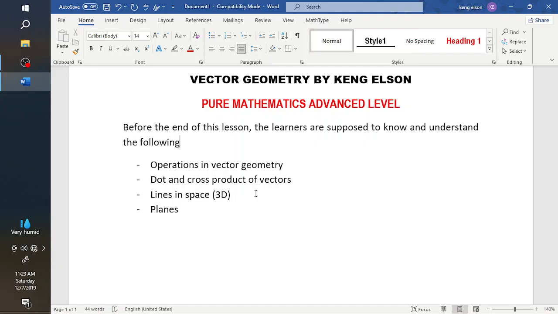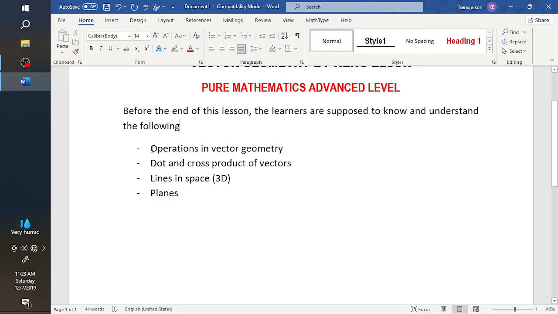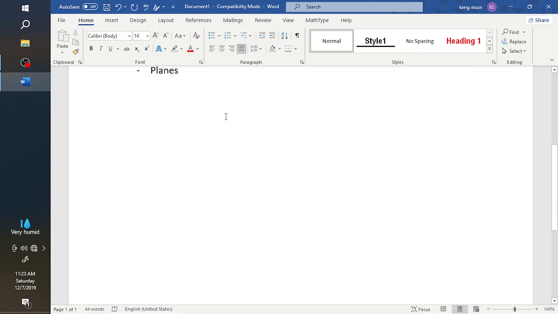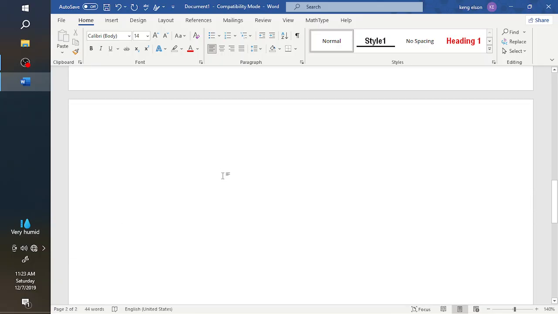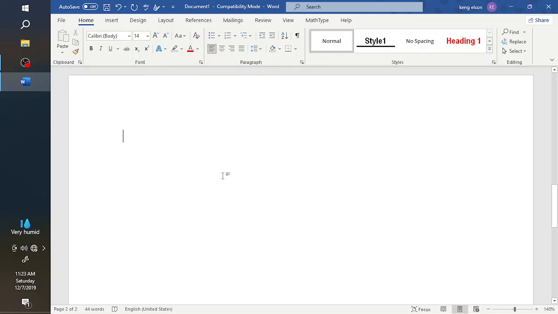Now our first objective is operations in vector geometry. I'm going to the next page. So let's start with operations in vector geometry. For operations in vector geometry, all we are going to see is the addition of vectors and the subtraction of vectors, just to recall the little things that we know.